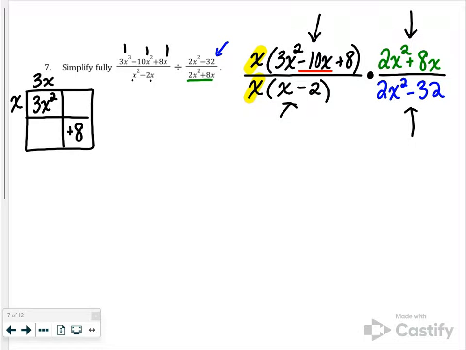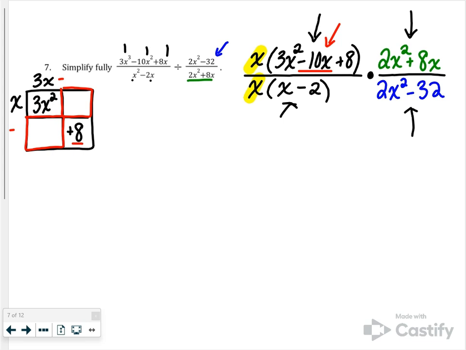So if we're going to multiply two numbers, and we're going to get this box and this box all equal to negative 10x. Okay. So we first got to realize that if this 8 is positive, this has to be a minus and a minus, because negative times a negative is going to make a positive, and we need to either try for 8 times 1, or we could try for 4 times 2.